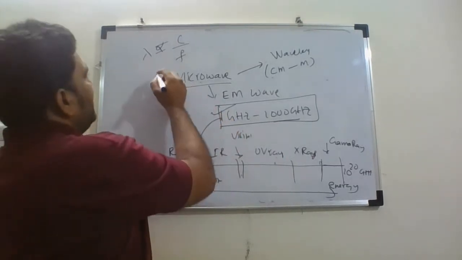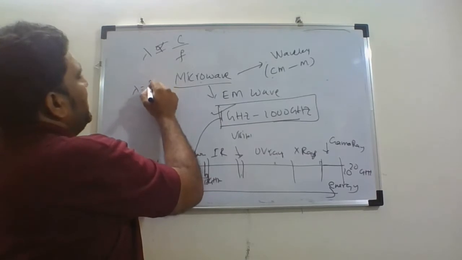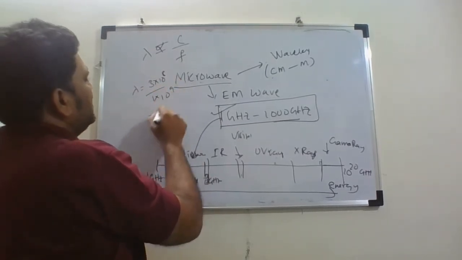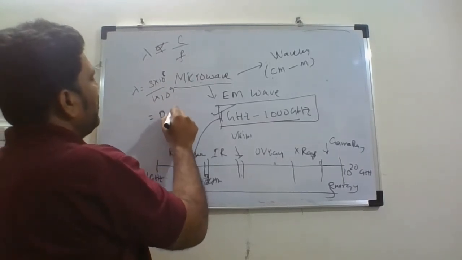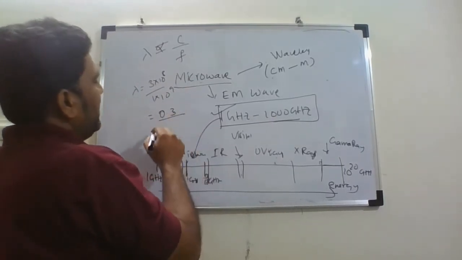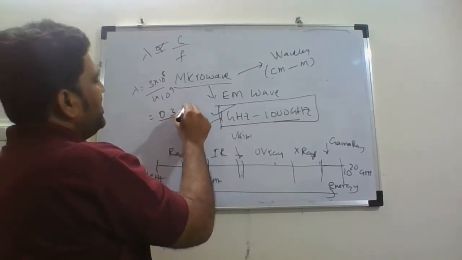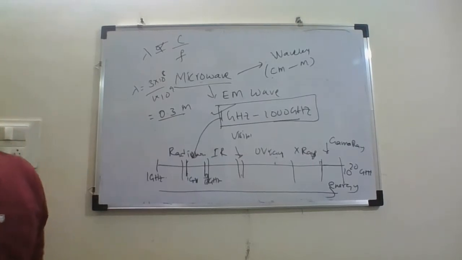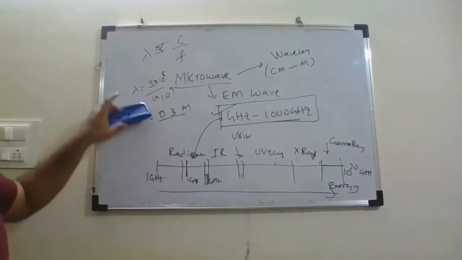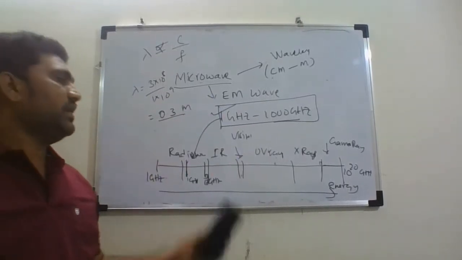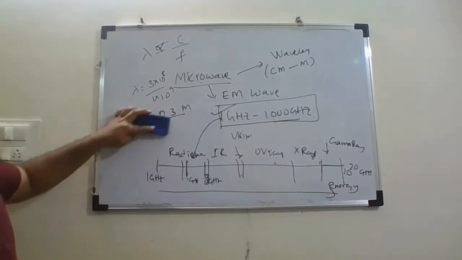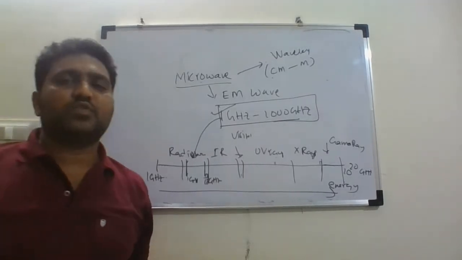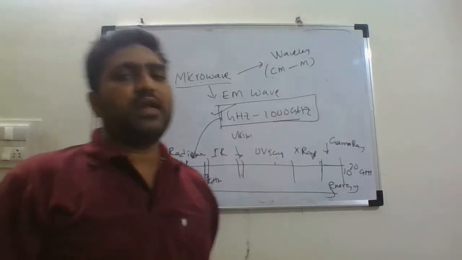If I take 1 gigahertz, lambda is 3 into 10 power 8 divided by 1 into 10 power 9, which approximately gives 0.3, which is nothing but 0.3 meters. So the wavelength range will be from a few centimeters to meters. That is why these waves are called microwaves.